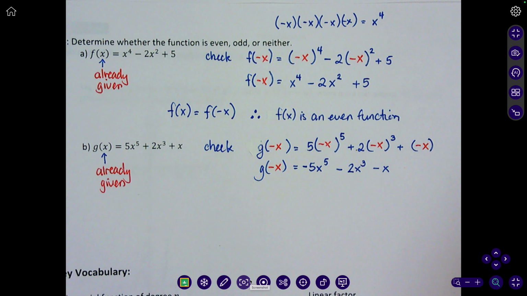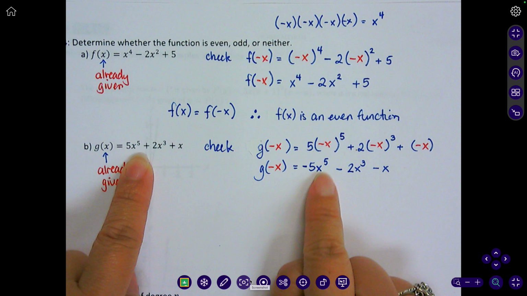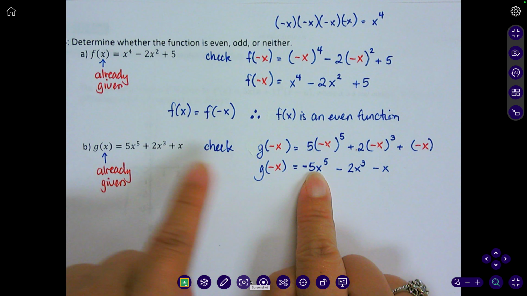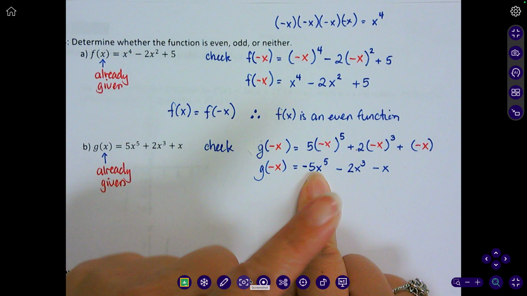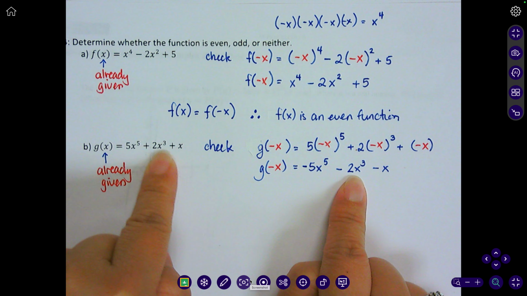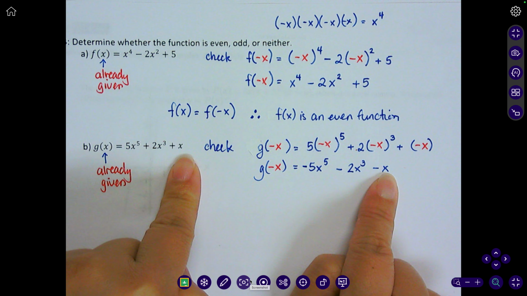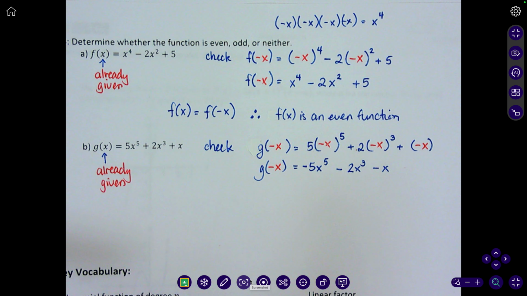How are we doing? This is how you check. Check each term. Do you guys see that this term is a positive x to the 5th? This is the opposite of that. That means they are negative of each other. So that term is good. Next term. They're not the same. They are the opposite signs of each other. Next term. They're not the same. They are the opposite sign of each other.